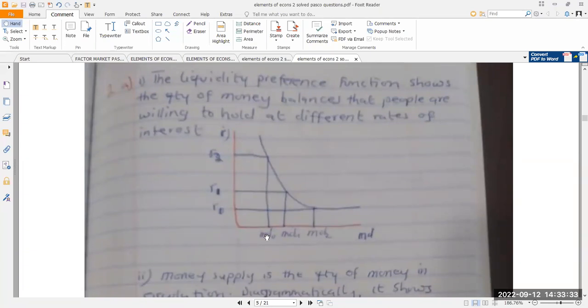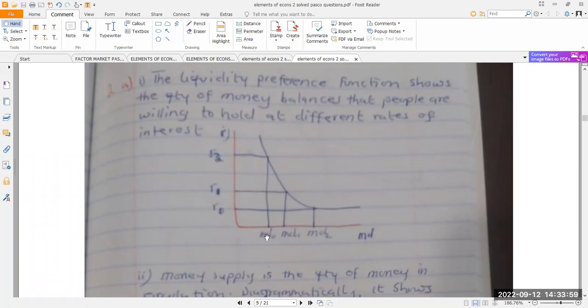There are quite a number of ways that we explain this relationship, but one simple way is that we see interest rate as the opportunity cost of holding money. According to Keynes, when you have wealth, when you have income, you can either hold it as money or you can enter into the financial market and buy something like a bond that yields interest.